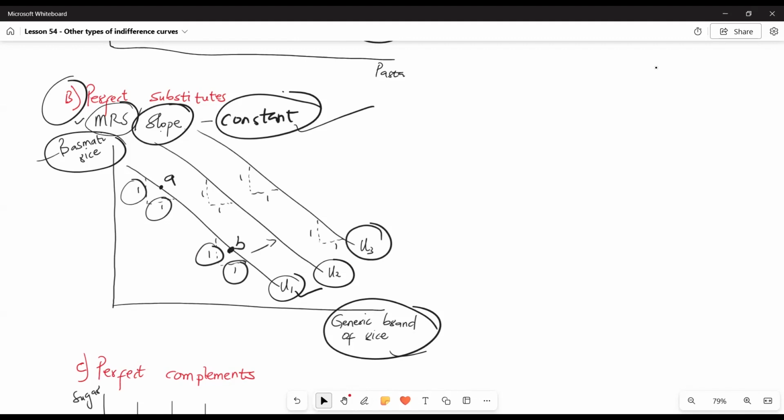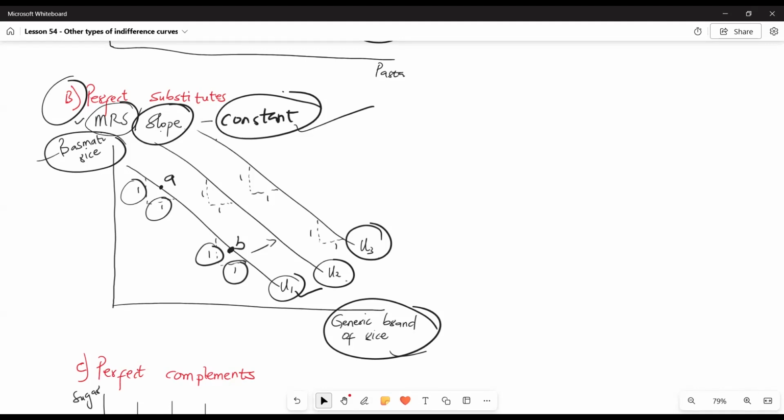If we draw an indifference map for perfect substitutes, we will have a map that consists of straight lines with a negative but constant slope, as represented in this figure here. So we have U1, U2, U3, and all of them are straight lines. Even though the slope is still negative, it's constant along an indifference curve.